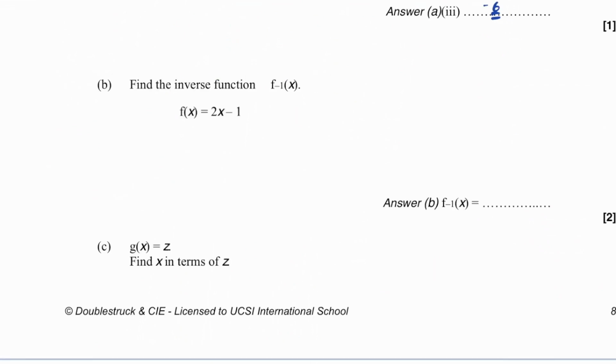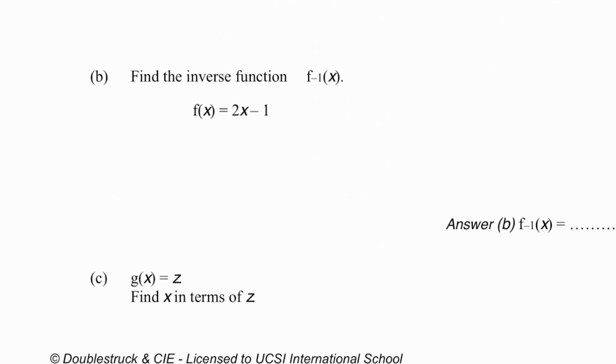Find the inverse function of f of x. Given that the function f is 2x minus 1, let f of x become y, and let this x become capital X. Then make x the subject.